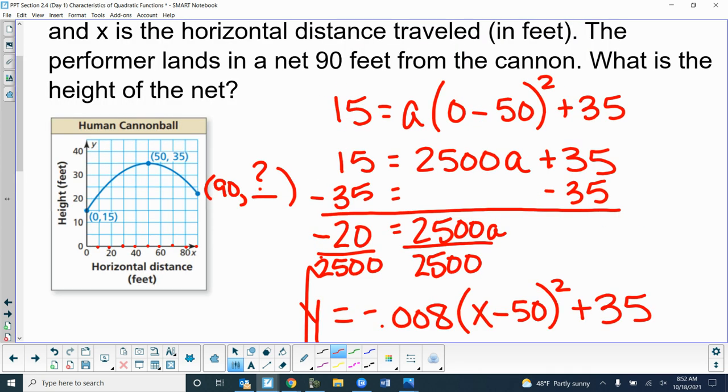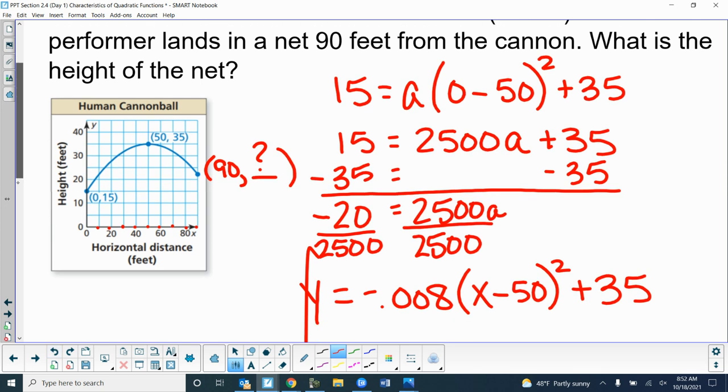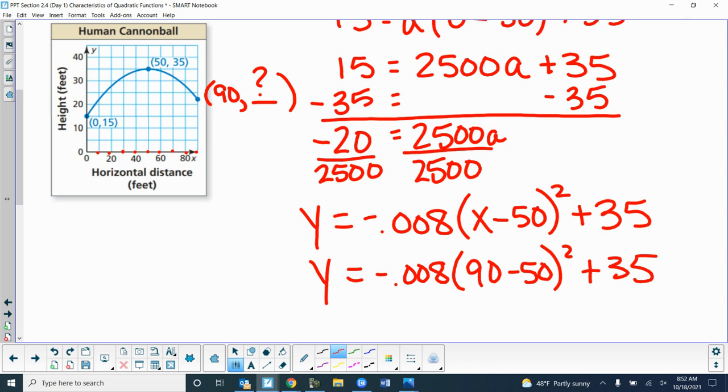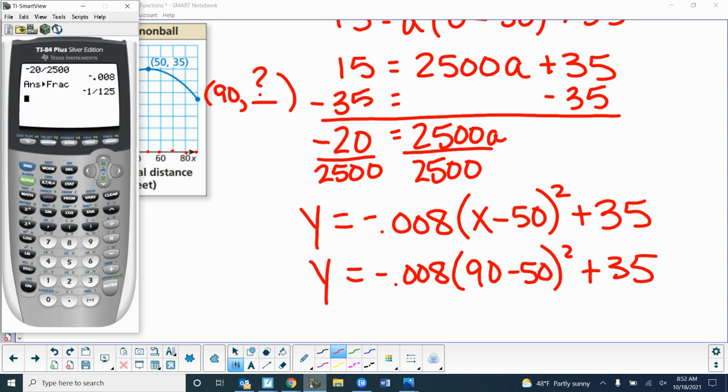And whatever we get after we substitute that 90 in for x will be how high that net is up in the air. So negative 0.008 times, what is 90 minus 50? 40 squared plus 35. 22.2 feet high.